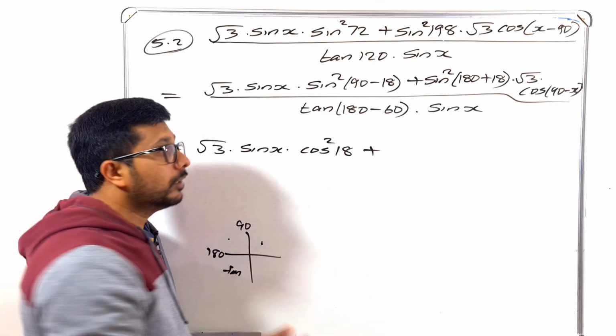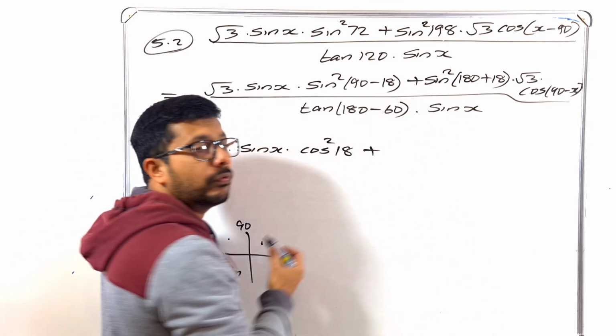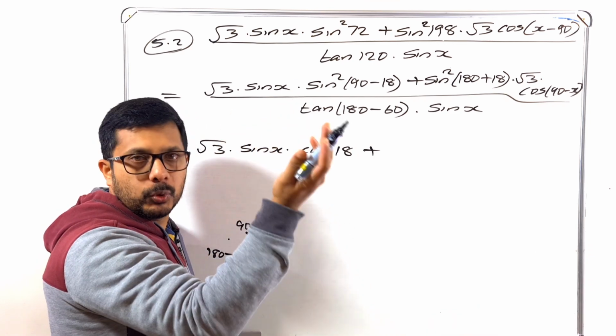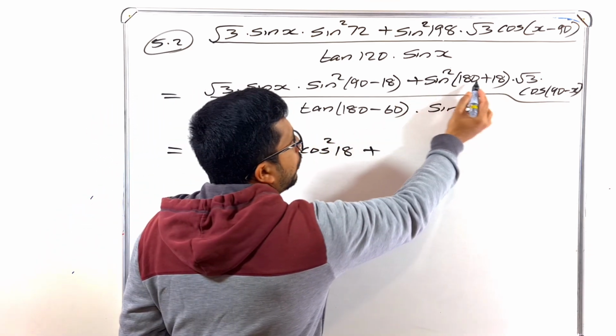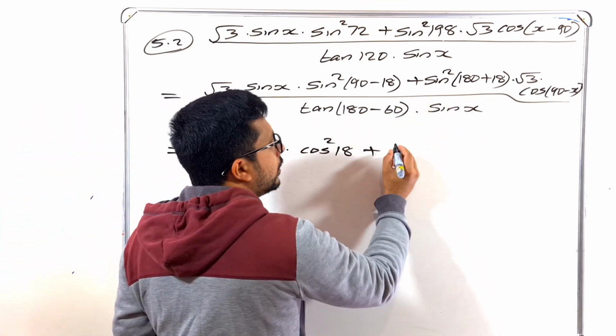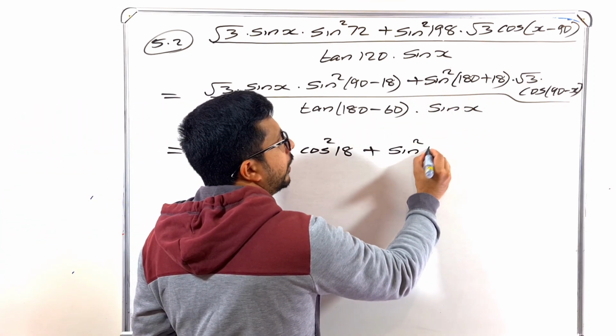But because of this square we don't want to write negative, because that negative square is going to be positive. Okay, so now based on the 180 horizontal line, no change. So here it is sine square 18.